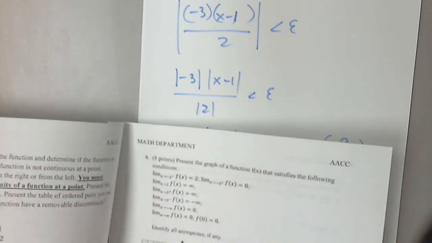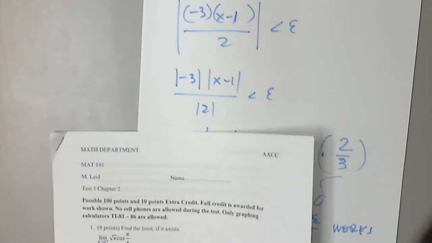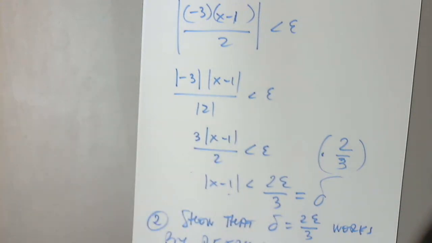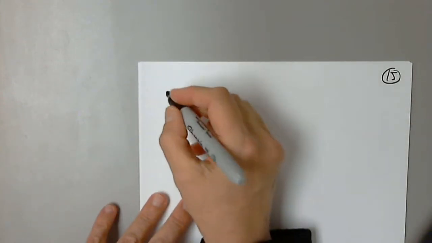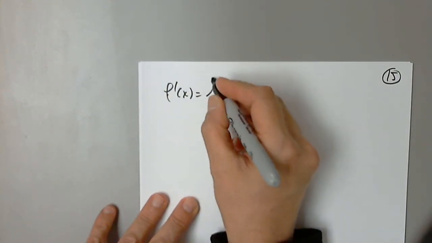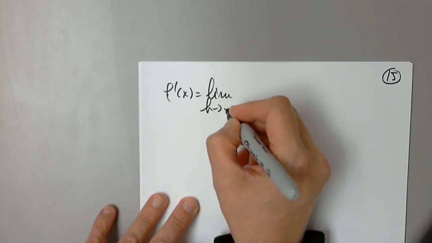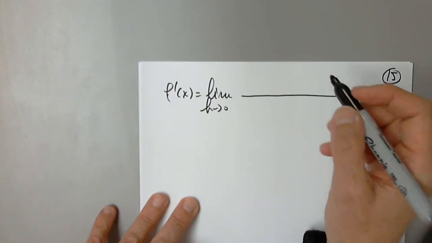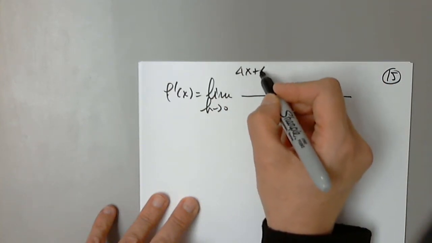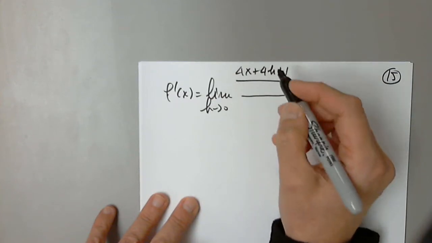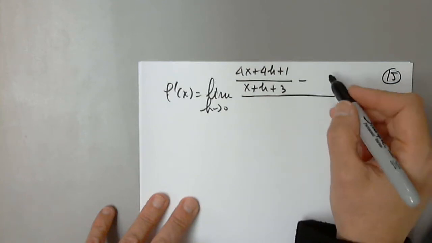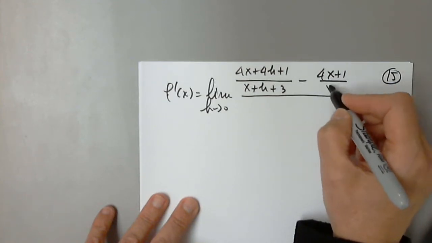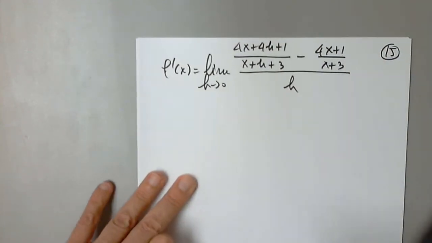Number 2, that's when we do the h goes to 0, right? Yes. So for number 2, let's just start it. We don't have to finish it. But here you have f prime of x. You have to write the limit. You have to write h approaches 0. And you have to write 4x plus 4h plus 1 over x plus h plus 3 minus 4x plus 1 over x plus 3, divided by h.